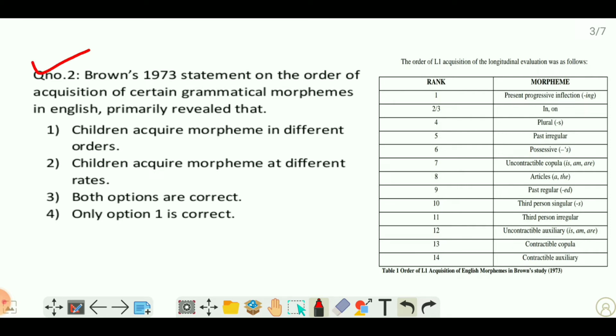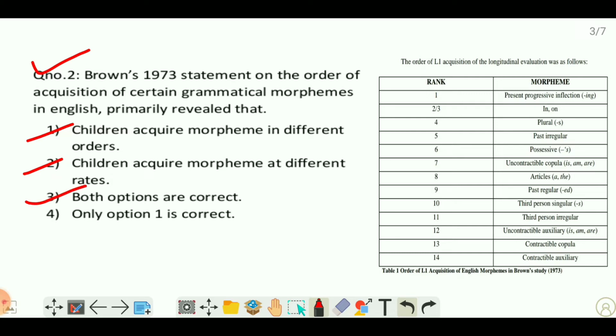Brown's 1973 statement on the order of acquisition of certain grammatical morphemes in English primarily revealed that children acquire morphemes in different orders. This is correct. Children acquire morphemes at different rates. So both of the options are correct.